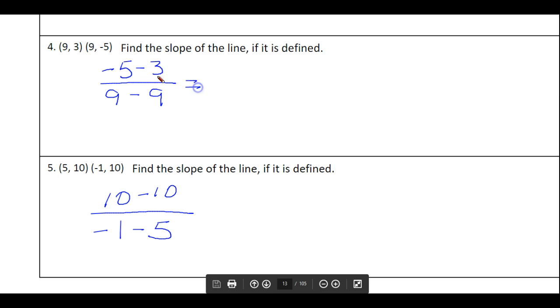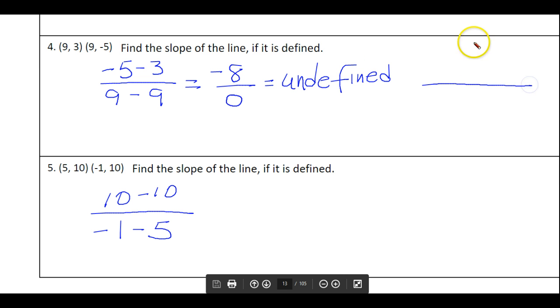So, setting these up, here we have a -8, and 9 minus 9 is 0. Well, in our lesson we said any time you have a 0 as a denominator, this number is undefined. And if you were to plot this on a graph, which we'll be doing a little later, the equation of this graph would be x equals 9.